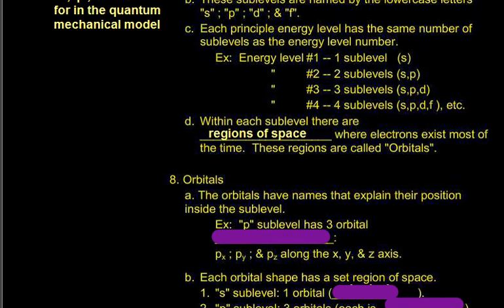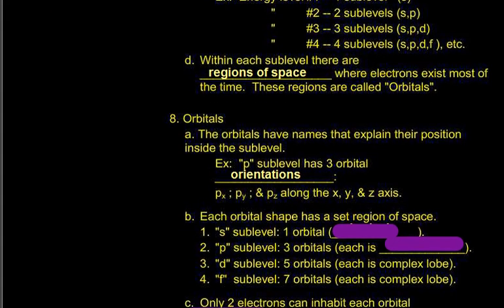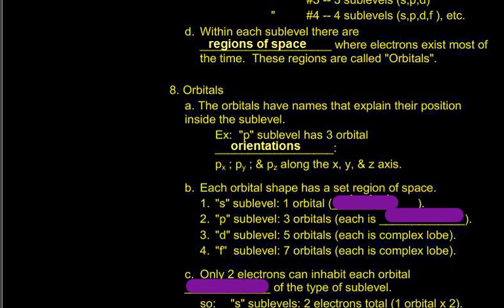These orbitals have names that explain their position inside the sublevel. For example, the P sublevel has 3 orbital orientations: an X orientation, a Y orientation, and a Z orientation. And they are at right angles to each other in all three dimensions. Each orbital shape has a set region of space.